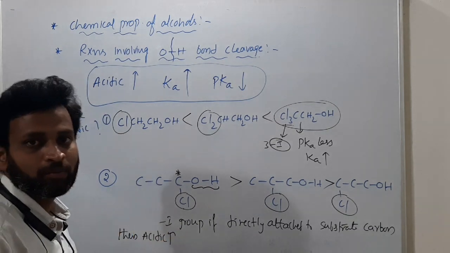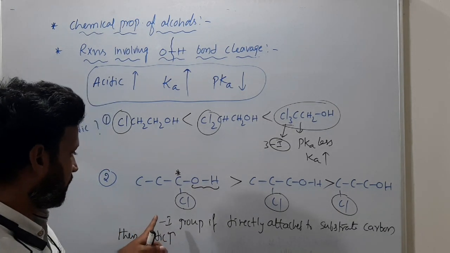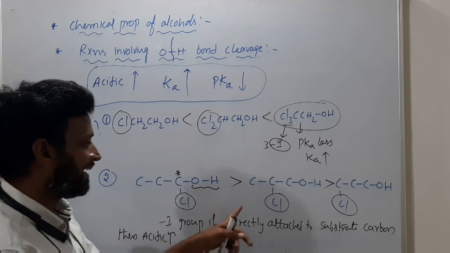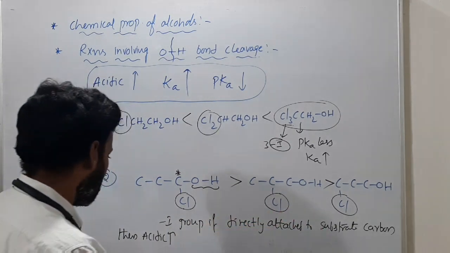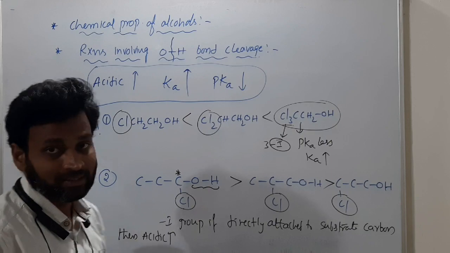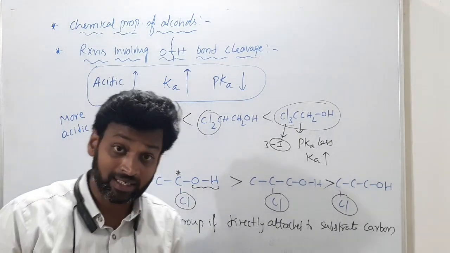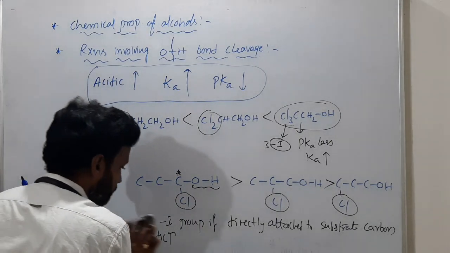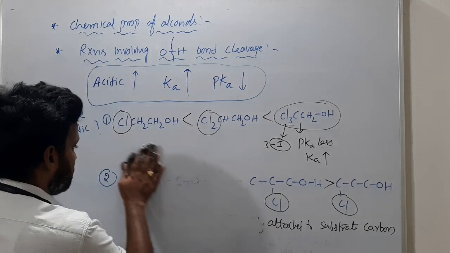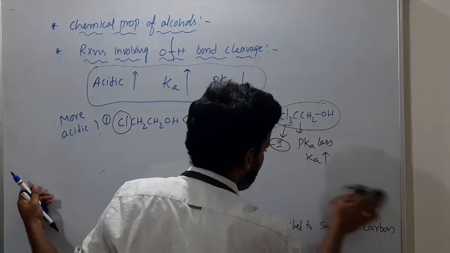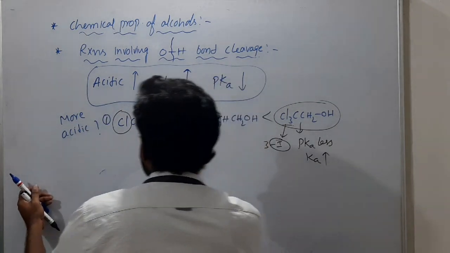This point is very important. So what I wrote: minus I group, if directly attached to substrate carbon, then acidic character increases. But if distance increases, then acidic character decreases. So this is about acidic character.